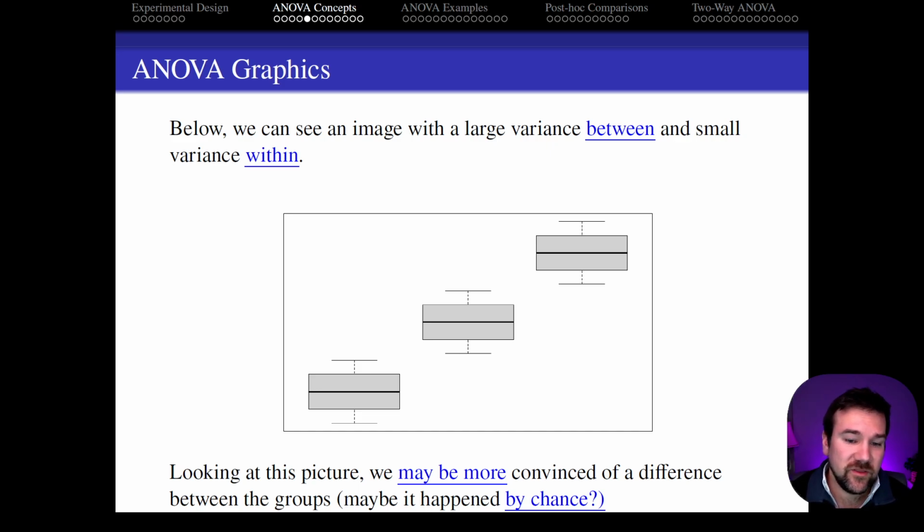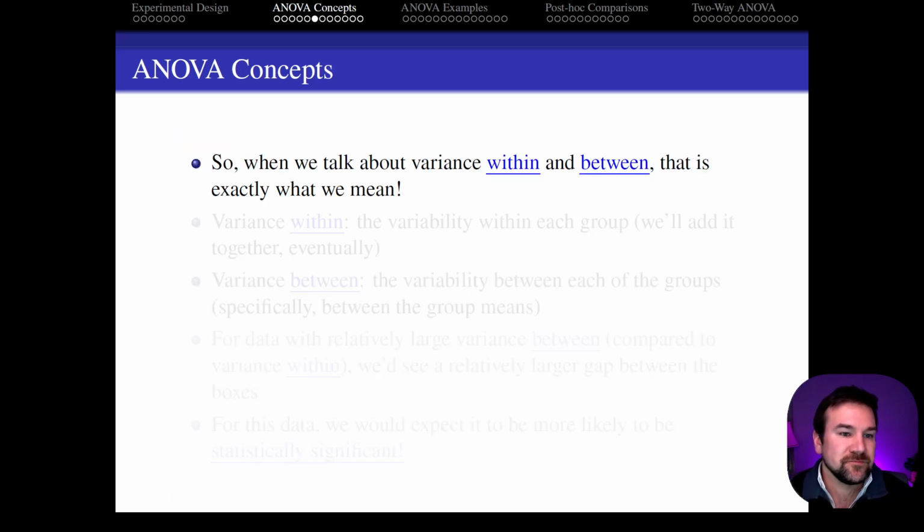Here, the movement between the groups looks really large in comparison to the movement within the groups. So in this one, we would hopefully expect a more statistically significant, or closer to statistically significant, ANOVA test, indicating more evidence that the groups are different than the previous one. That's what we're trying to accomplish via images, to capture this one as more different than the last one using numbers.